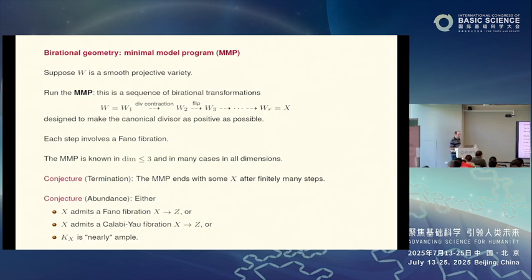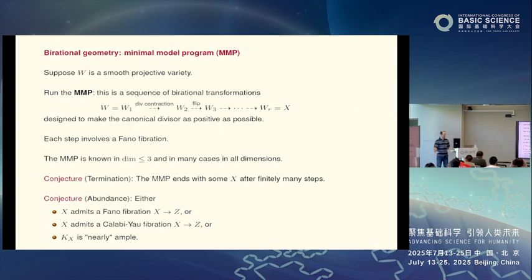But in dimension 3 and higher, this is much more complicated, because there are different types of steps that you can get. For example, you have divisorial contractions where a divisor may be contracted, or you can have flips where something is contracted but no divisor, and these are much harder to work with. And also, in the end, you can get this Fano fibration.